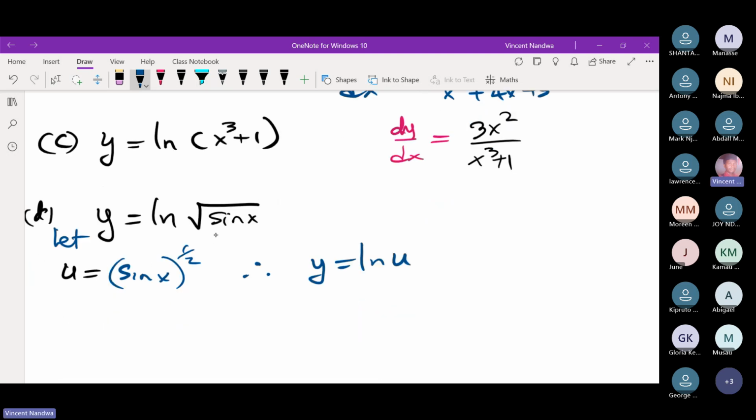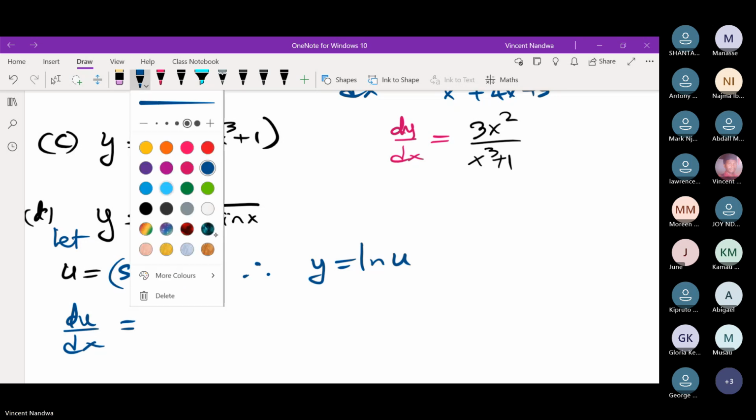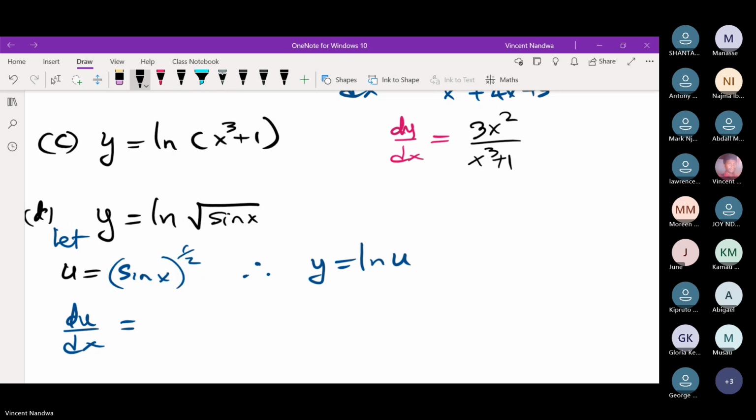So can you compute du dx? Which technique will you use to get the derivative of u? Which differentiation technique do you use to get du dx?